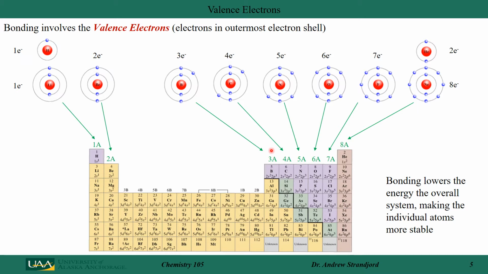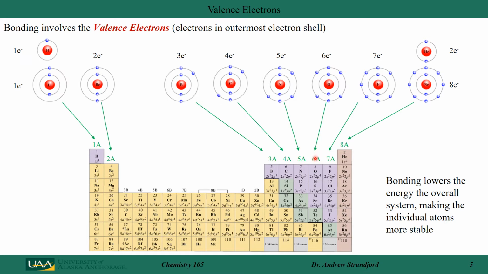Over here to group 3A, like boron, it contains 3 electrons in its outermost shell. Elements in column 4A contain 4 electrons in their outermost shell, like carbon. Elements in column 5A contain 5 electrons, and I keep on moving down.